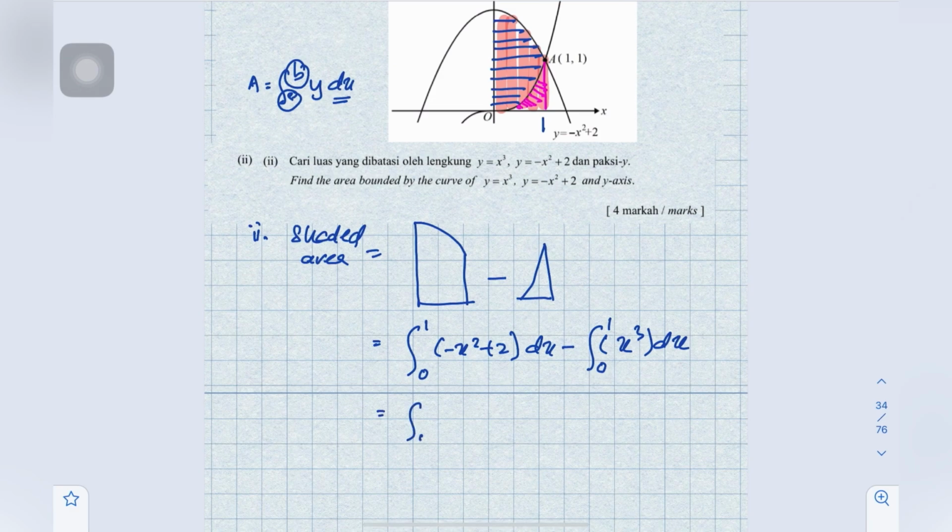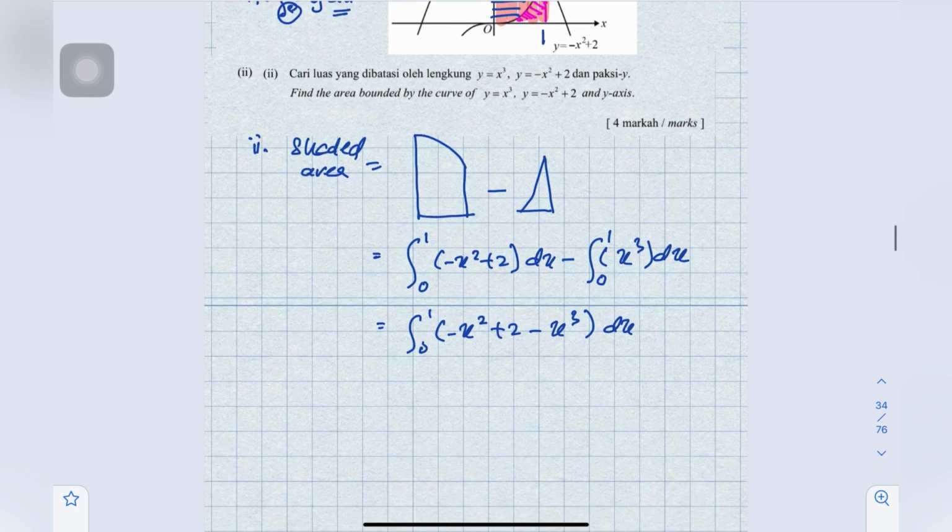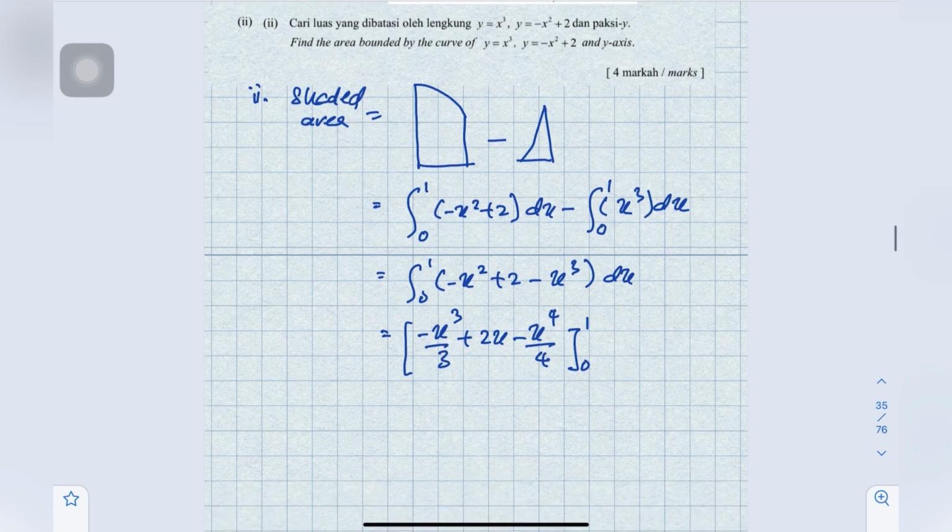So this one, 0 to 1, negative x squared plus 2 minus x cubed. If we don't want to combine it, it's also possible, but it's long. So this one we integrate: negative x cubed over 3 plus 2x minus x power of 4 over 4, from 0 to 1. Okay, so then we substitute the upper limit minus substitute the lower limit.